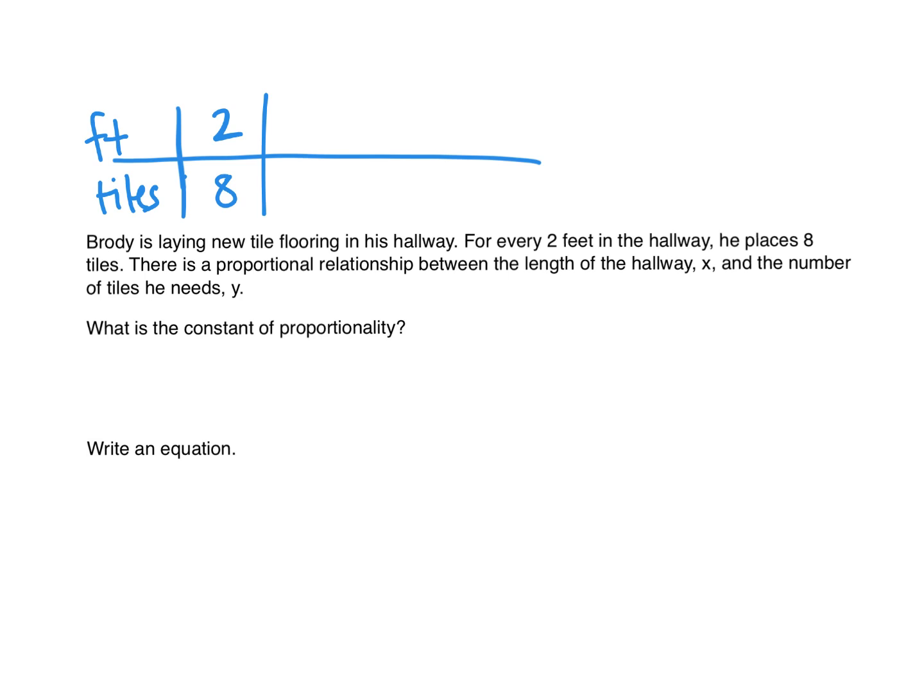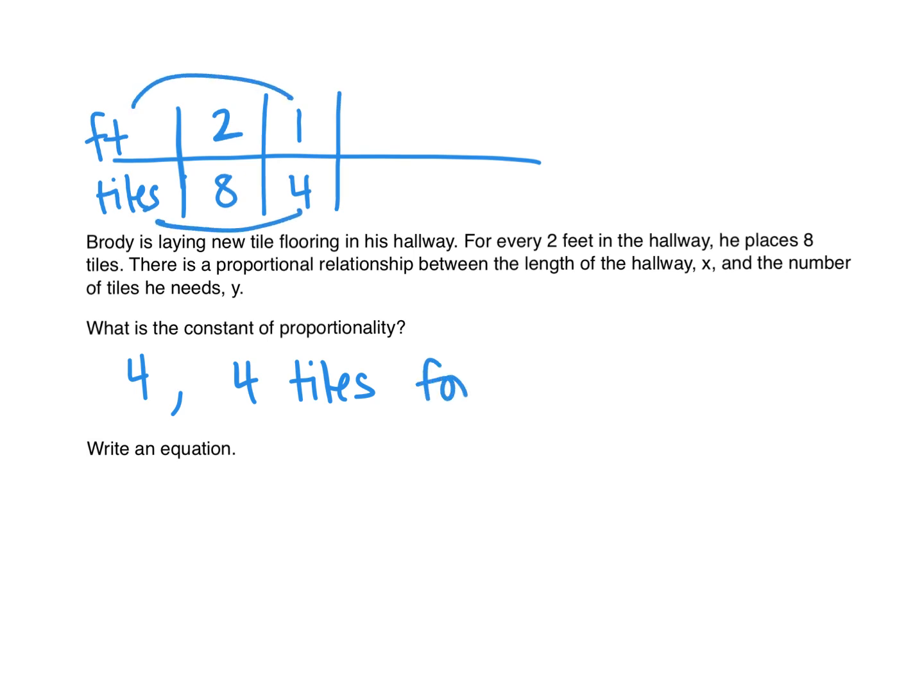The number of tiles that I need depends on the feet. So I would want to figure out how much for just 1 foot. And we can see that we would need 4. So my constant of proportionality is 4, and when I read the information in the table, it would be 4 tiles for every 1 foot.